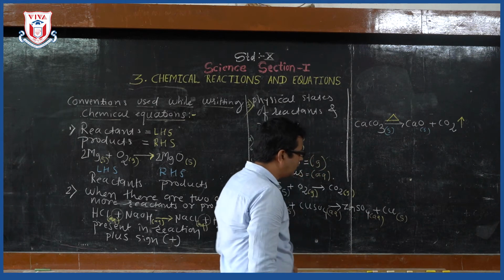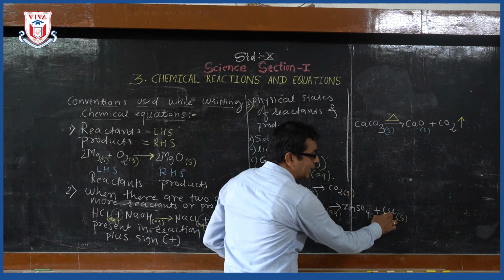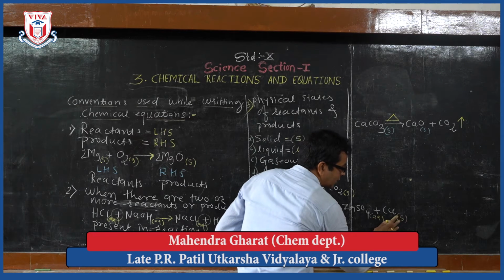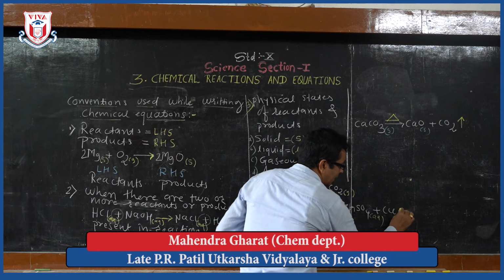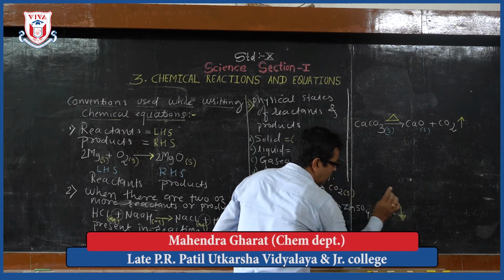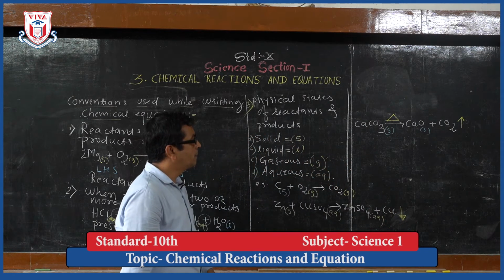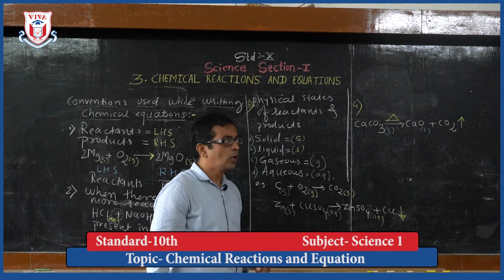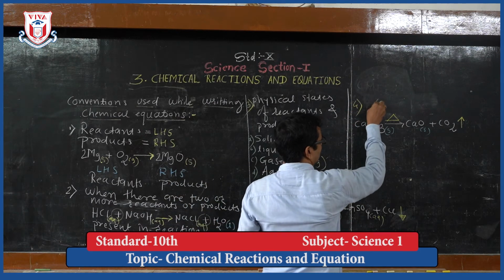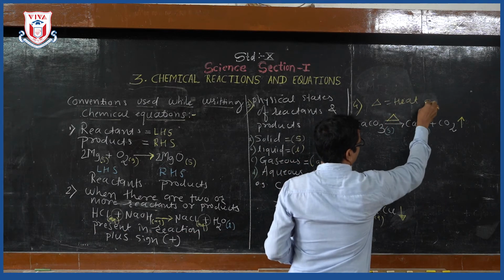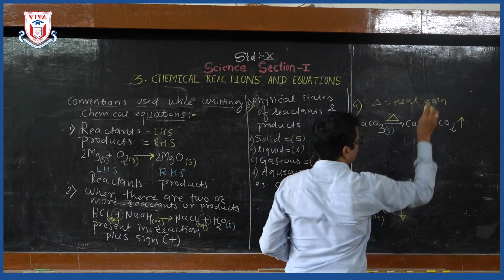Same way here, copper is getting deposited. So when copper gets deposited, instead of writing s, I will write a downward arrow. Okay. So this is my fourth rule. The triangle is nothing but heat gain, or you can say heat supply.